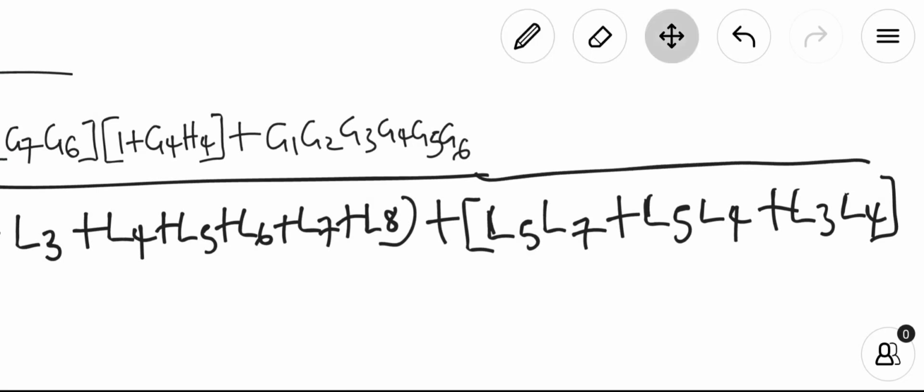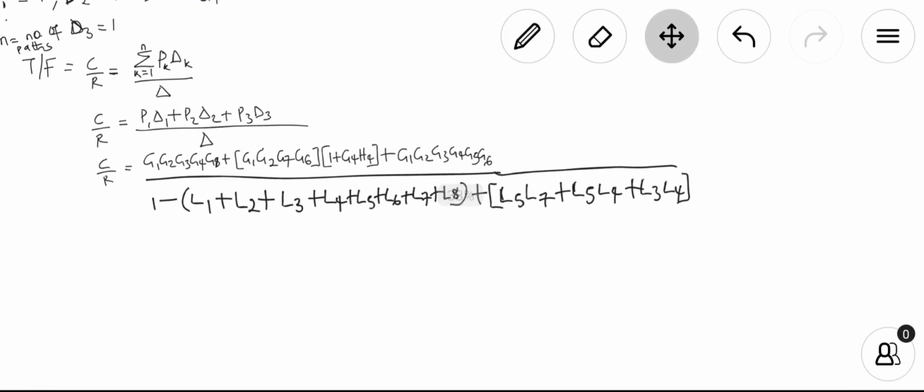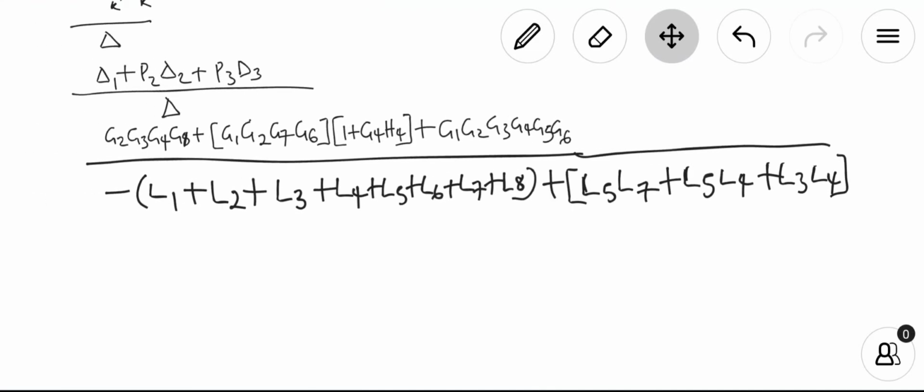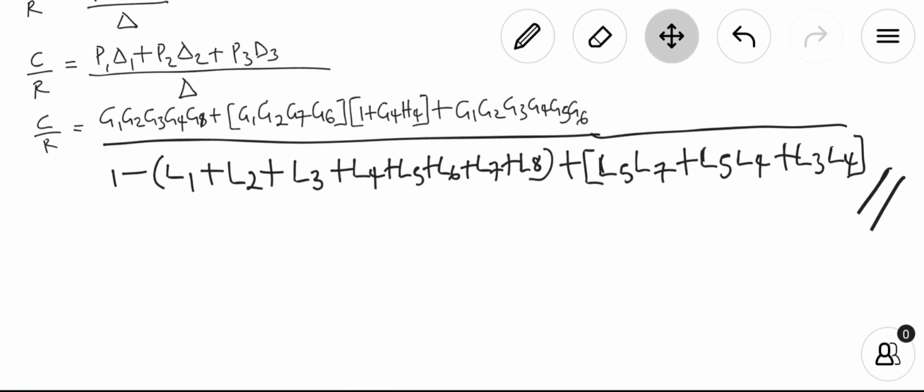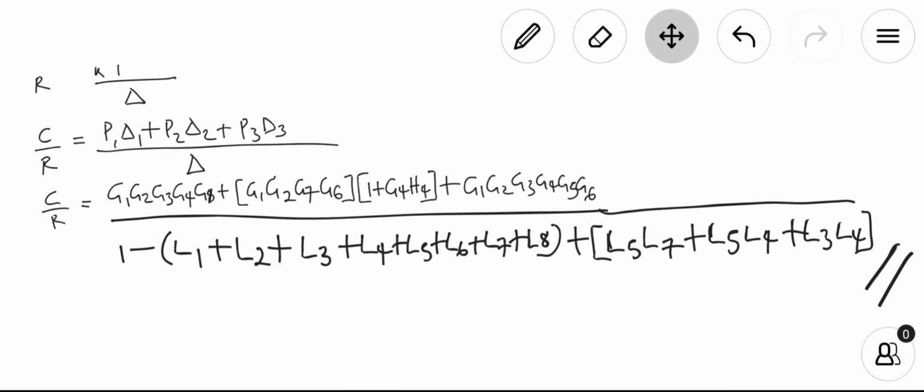So this is using Mason's rule. This is your solution. You can go ahead to substitute the value of L1, L2, L3, L4, and so on.